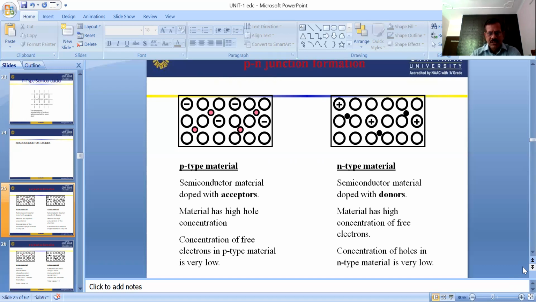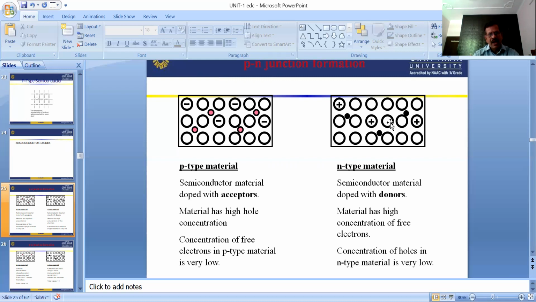You see in this slide, here is p-type material and here is n-type material. In p-type material, there are some holes and some electrons, and in n-type material there are also some holes and some electrons. In p-type material, the number of holes is greater than the number of electrons. In n-type material, the number of electrons is greater than the number of holes.